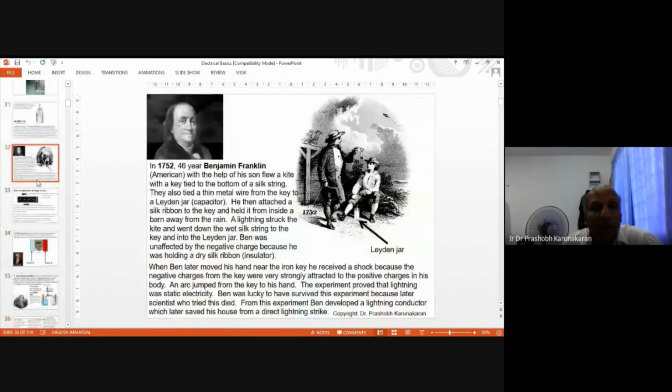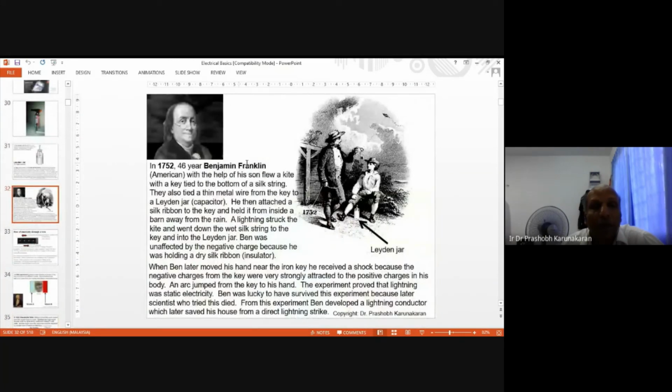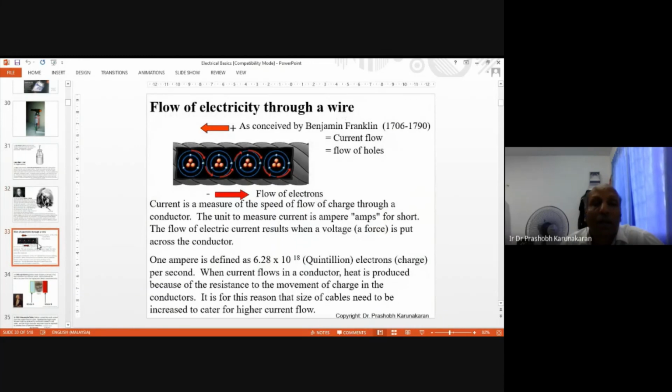It started with Benjamin Franklin. He flew a kite to prove that lightning was electricity. But he made one mistake. He said electricity flows this way, but actually the electron is the one that's flowing. So what we are doing in the world right now is all opposite, but if you do the calculation upside down, you still get the same answer.